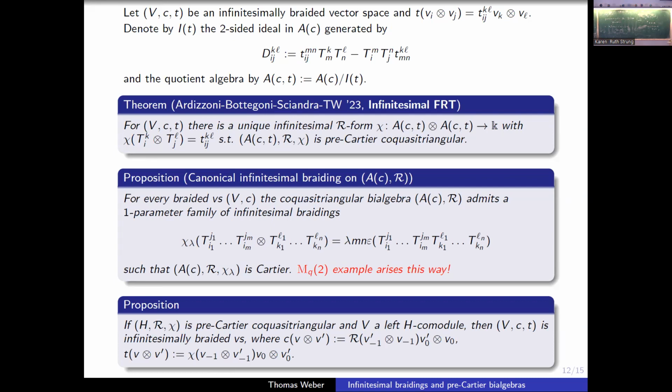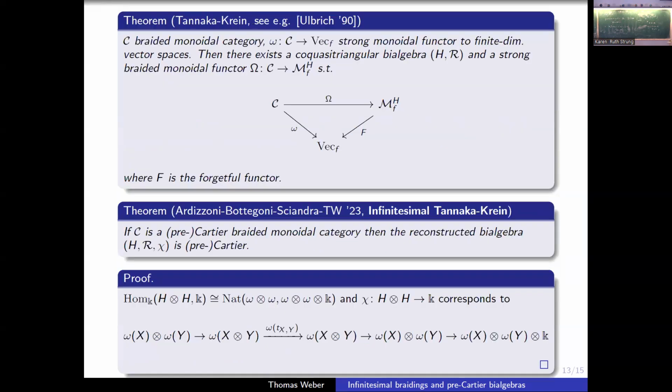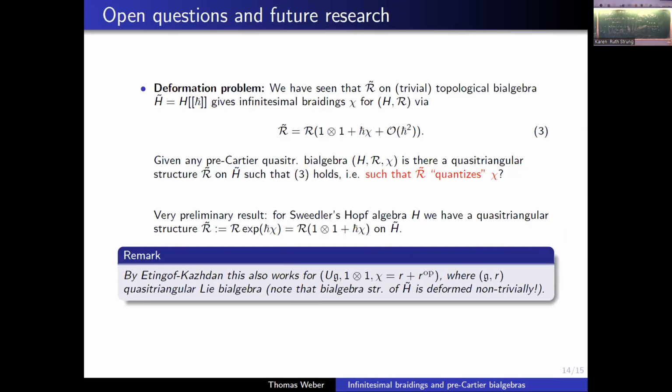So this is the converse. Now, since I don't have time, maybe I skip Tannaka-Krein, just saying that in some nice cases we can understand any pre-Cartier braided monoidal category as factoring through right comodules of a pre-Cartier coquasitriangular bialgebra. But this, okay, I skip.